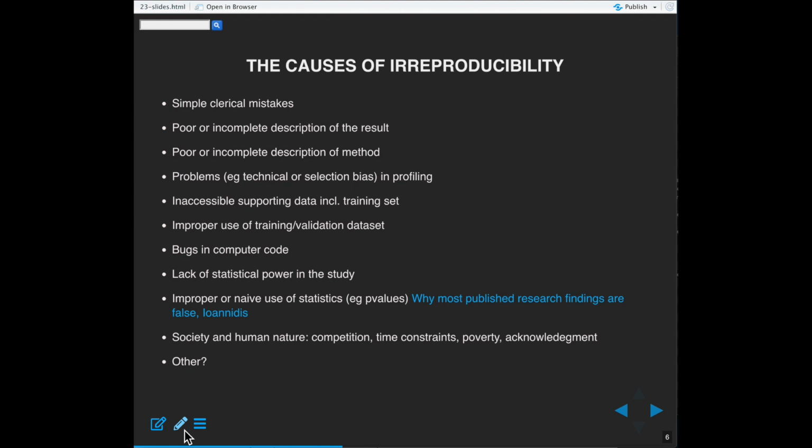And if you don't make that computer code available to the public, then of course there's no way to find those bugs, right? And your study will be irreproducible. Now, how do you avoid bugs in computer code? That's a great question. That's a really hard question too. You have to assume there's always another bug.